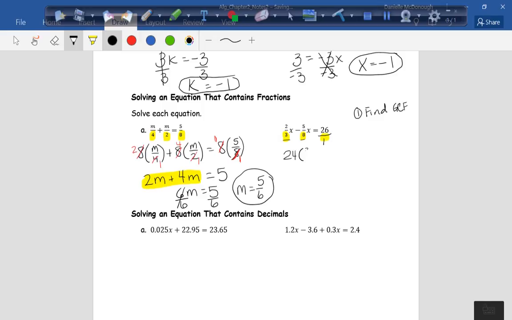So 24 times 2/3 x. I'm going to do 24 times 5/8 x. And I'm going to do 24 times 26. Because you have to multiply every single term there by 24.